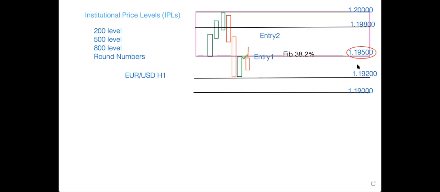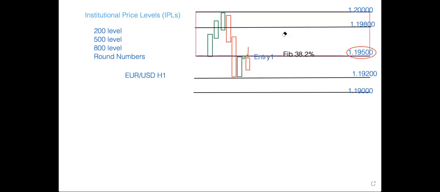So actually, in this example, we are looking for the case of entry. But as I told you in the beginning, the IPL is used not only for entry. You can use it even for a stop loss and for the take profit.